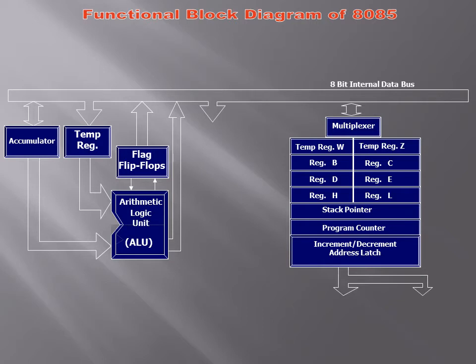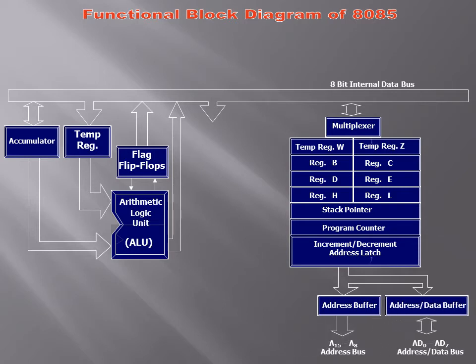Then we have the address bus, and we also have the bidirectional data bus. The address goes from the program counter in a unidirectional manner, pointing towards the memory, but then the same bus, AD0 to AD7, is used as a data carriage bus to connect to the internal memory of the microprocessor.